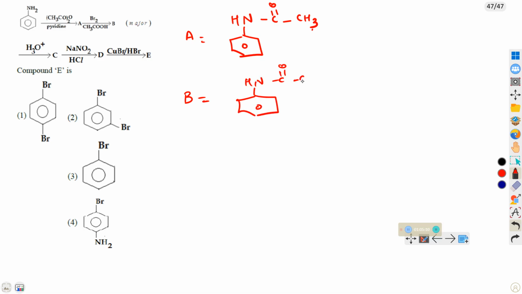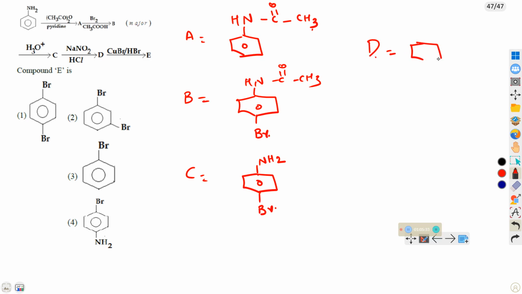On further hydrolysis, NHCOCH3 is converted to NH2, which reacts with NaNO2 plus HCl. Then the diazotization process takes place.